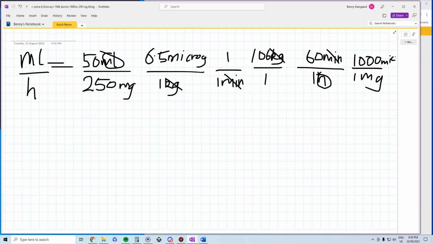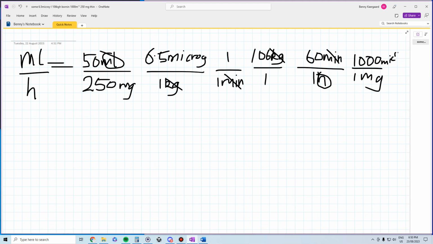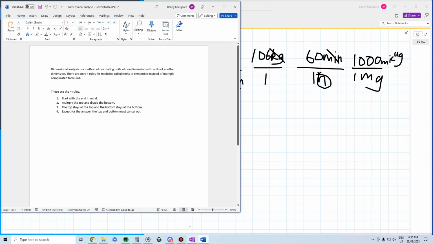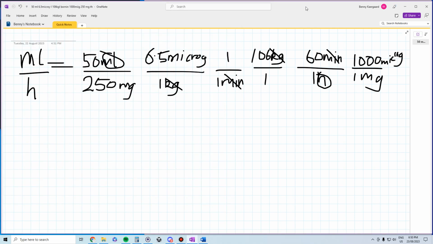Micro. Because of rule 4, except for the answer, the top and the bottom must cancel out. So as we see, this doesn't cancel out, and this doesn't cancel out.